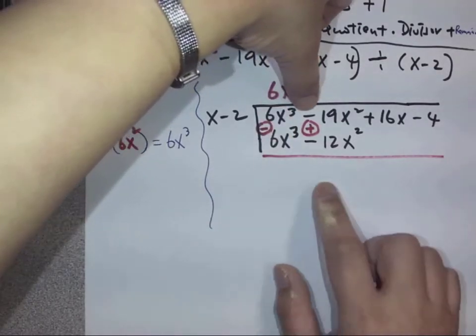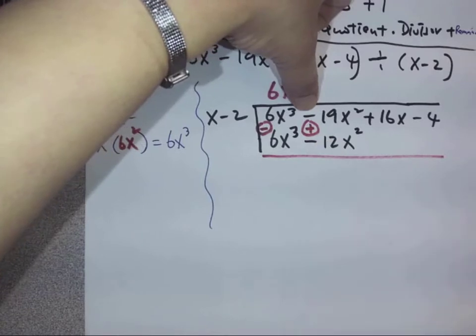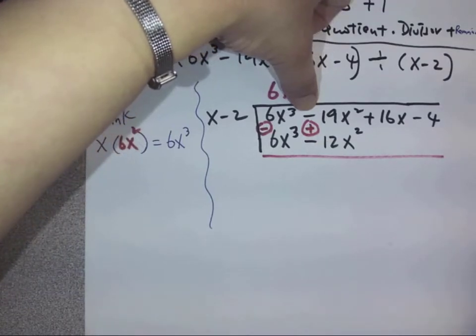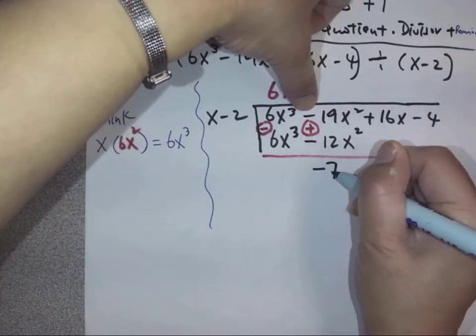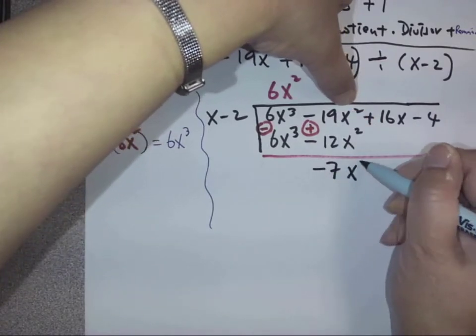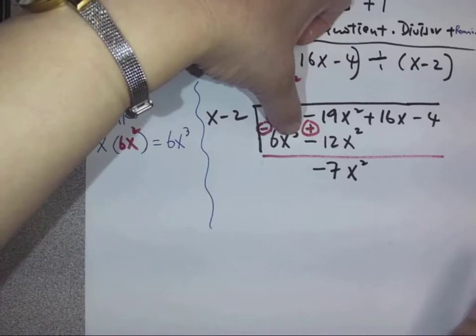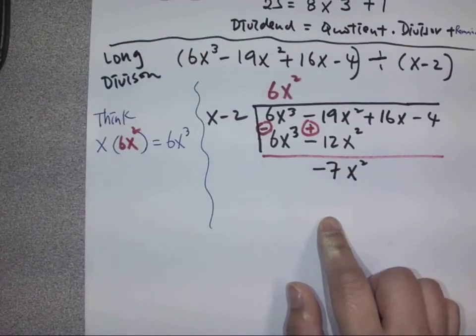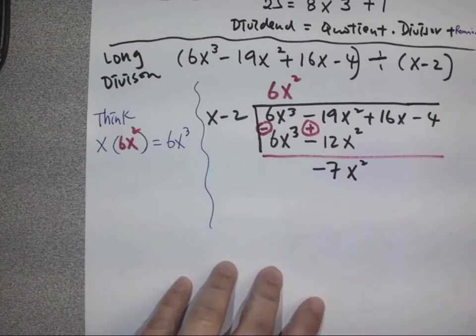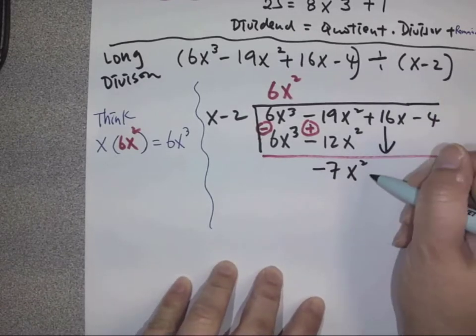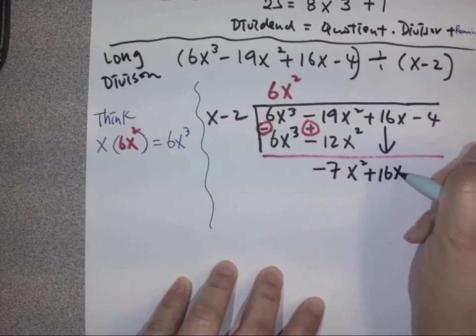Negative 19 plus 12 will give me negative 7, and this term comes with x squared. It's like negative $19 plus $12 is negative $7. The x squared is like the units, okay? All right, the next one, we will bring down 16x.